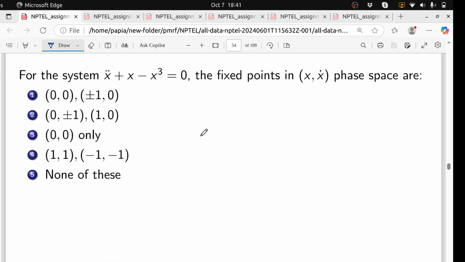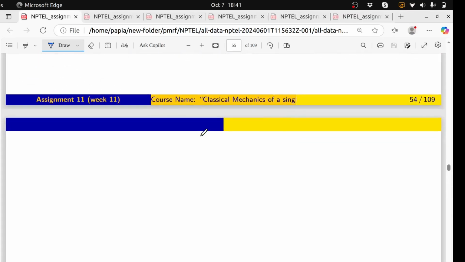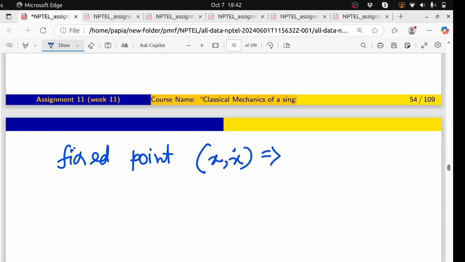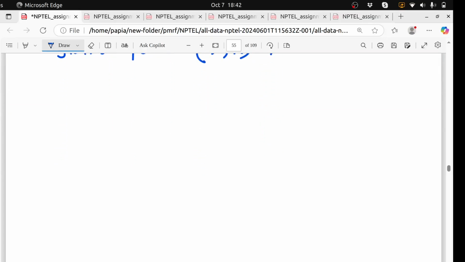Okay. So for that case, x dot should be 0, x double dot should be 0 and so on.